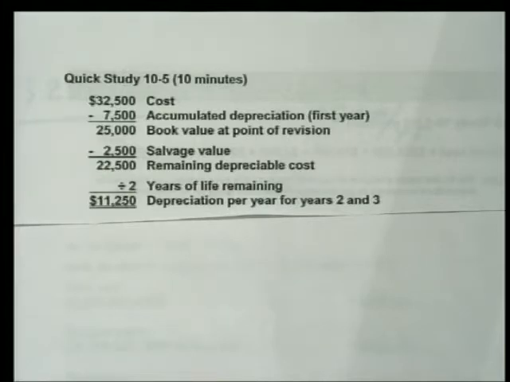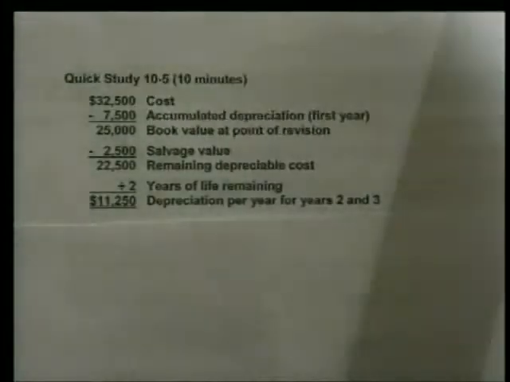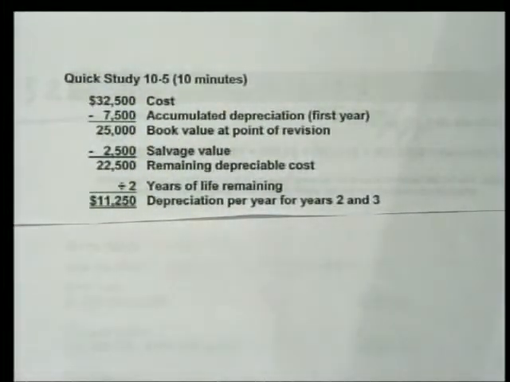We're not going to go back and change prior journal entries. We're not going to go back and restate financial statements. We're not going to do anything about that depreciation entry we made in year 1. We're just going to leave it as it is and depreciate a different amount than what we originally thought for year 2 and for year 3. Make sense? Cool? All right.